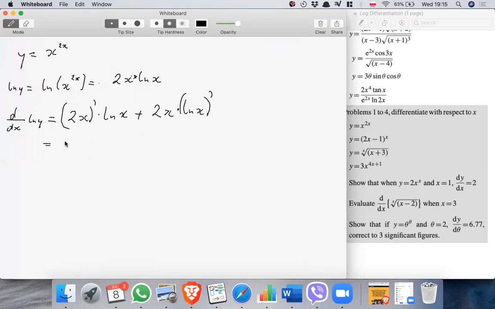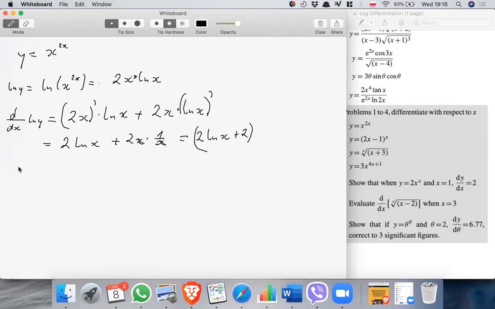So the derivative of 2x is simply 2, and plus 2x times the derivative of ln x, which is 1 over x. I can simplify this a little bit. The x's will cancel, and that is equal to 2 ln x plus 2. And that's the expression for d/dx of ln y.